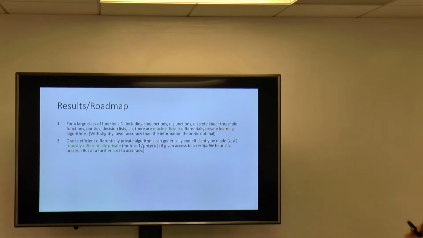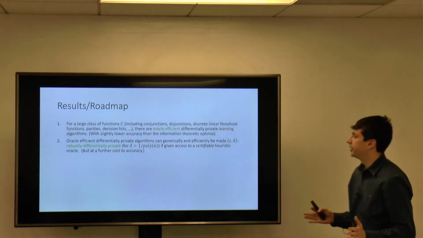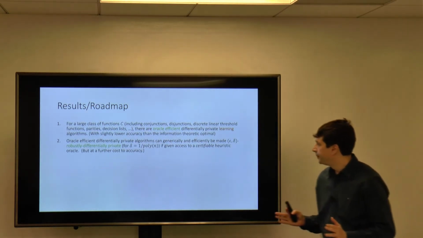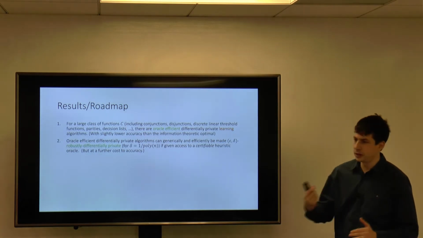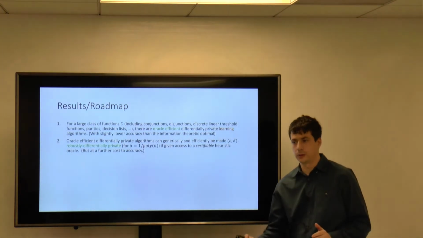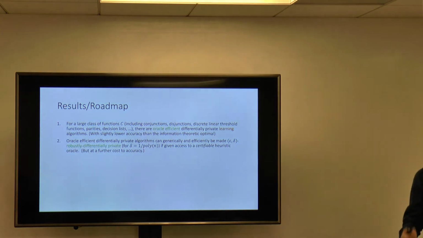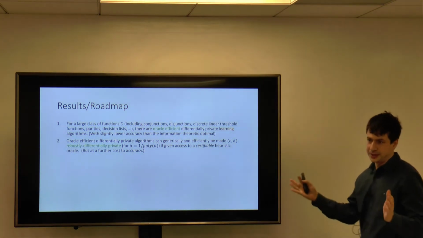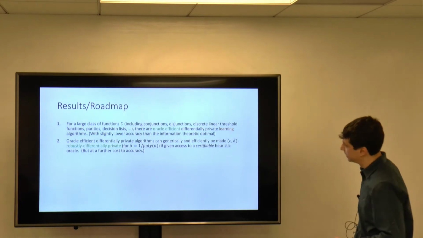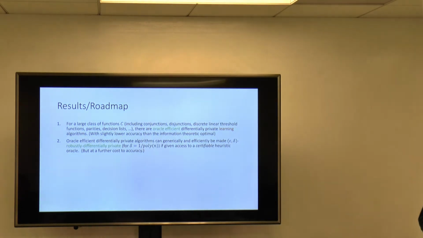Second, if you give me an oracle efficient differentially private algorithm, and the oracle you instantiate it with is a certifiable oracle, meaning it can fail, but I know when it fails, like an integer programming solver that works for your family of problems, then there's a generic reduction.